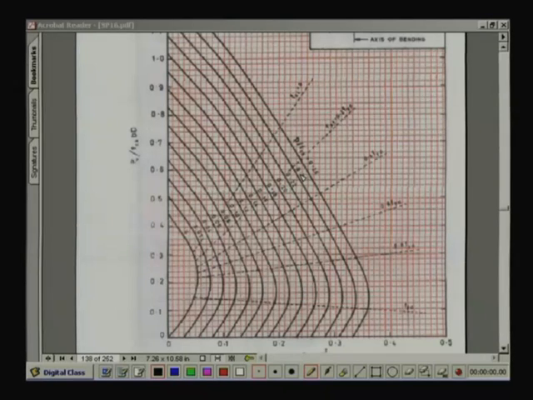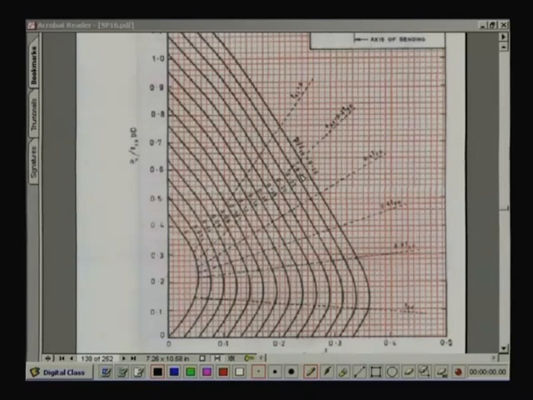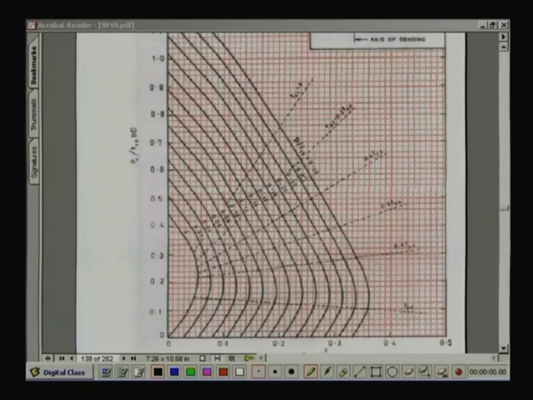Oh no, I think it is not working. Okay. No. Anyway, what I can show you is this.